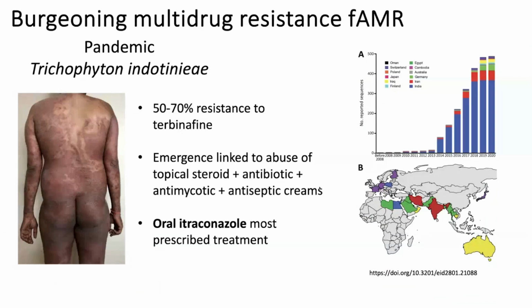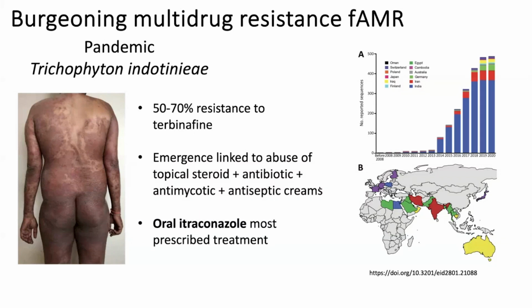This is a really interesting one, pandemic Trichophyton indotineae. This one isn't going to kill you, but it is going to make you very, very unhappy because it causes this broad inflammatory reaction across the whole body as it spreads, and it is resistant to terbinafine.